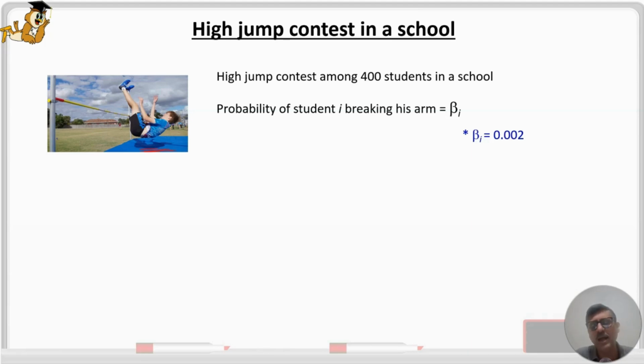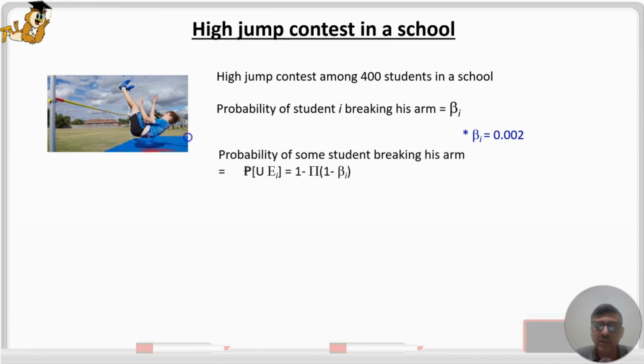So he takes this plan to the principal of the school. The principal of the school was a lady of immense wisdom, and she asked the question: what is the probability of some student breaking his arm?